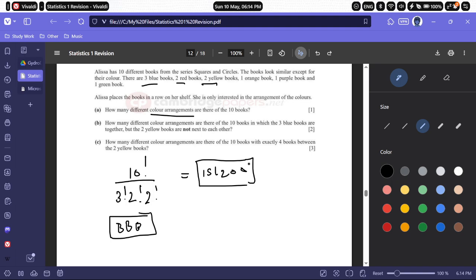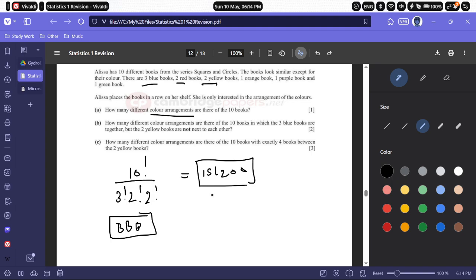Now, you can either make use of the gap method once again, or you can find the total cases and subtract the cases where the 2 yellow books are together.